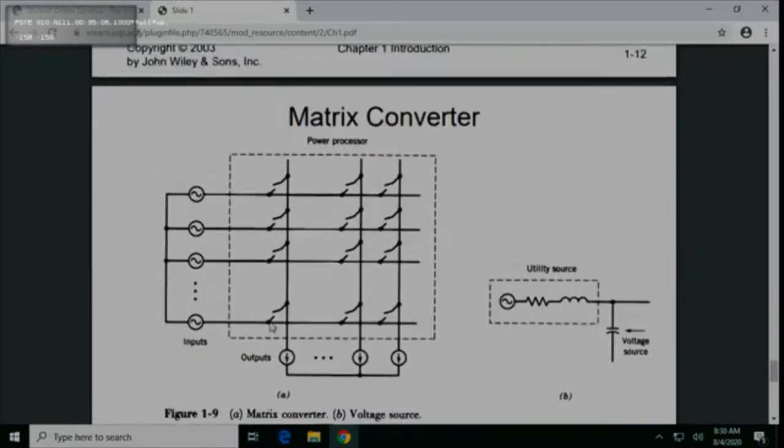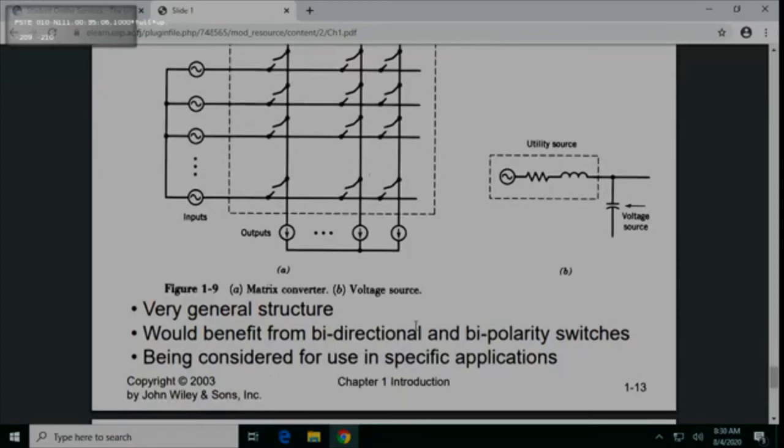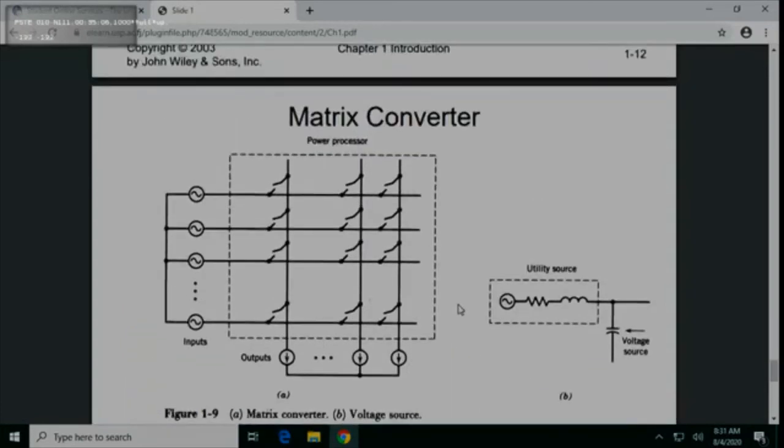This is a very general structure, which would benefit from bidirectional and bipolarity switches. It was considered for use in specific applications where you needed storage of voltage in an inverter, but it's no longer used. But you should know that there is something called a matrix converter.